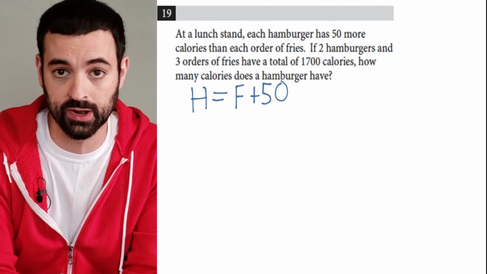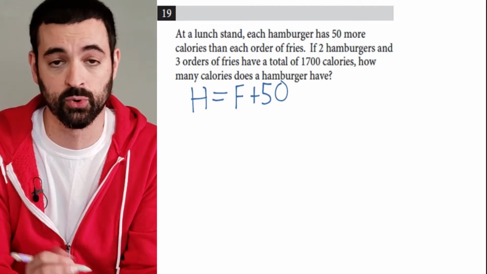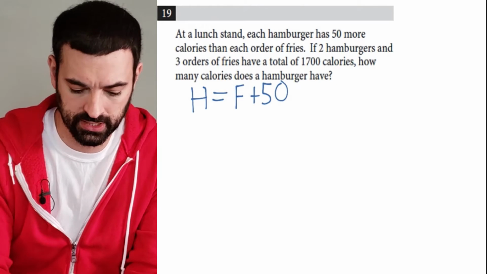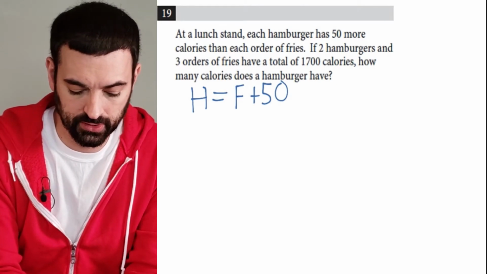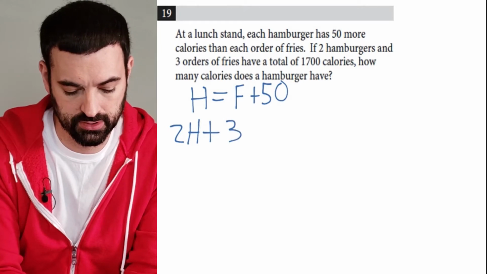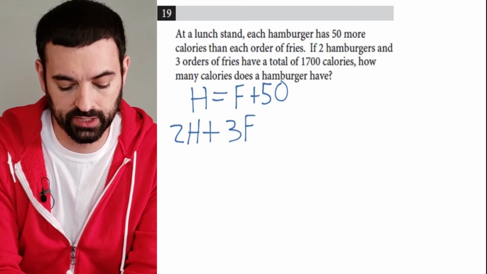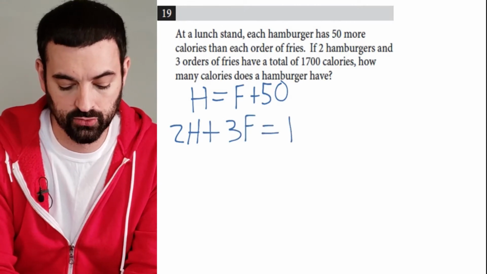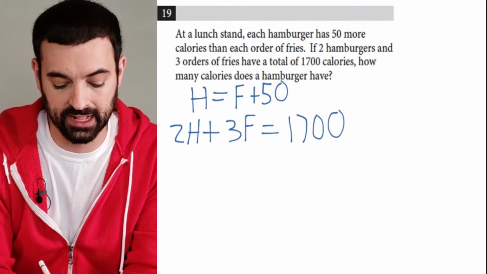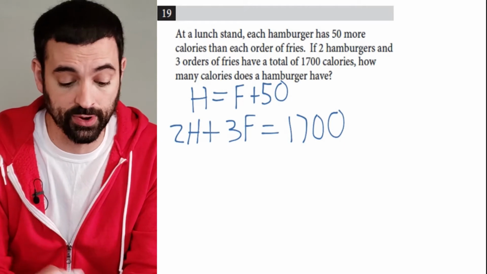Remember, the smaller quantity gets the number in order to balance the equation. We also know that 2 hamburgers plus 3 orders of fries will equal 1,700 calories.